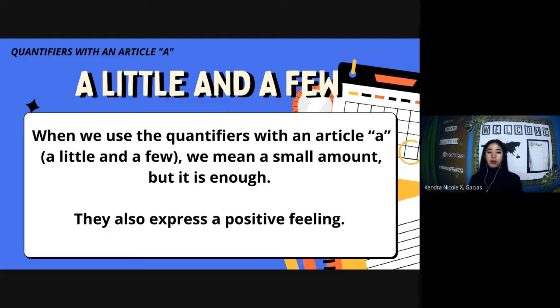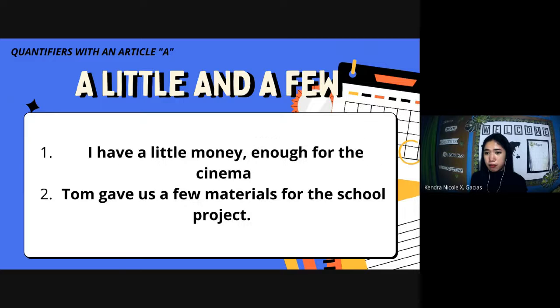Okay, very good. So knowing that we have enough amount, it expresses a positive feeling, right? So let's take the examples we have earlier. I have a little money enough for the cinema. And the second one is Tom gave us a few materials for the school project.